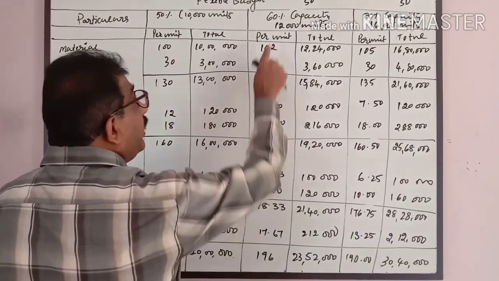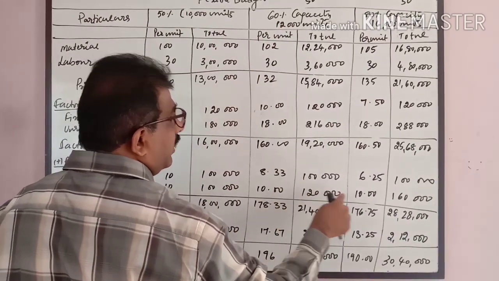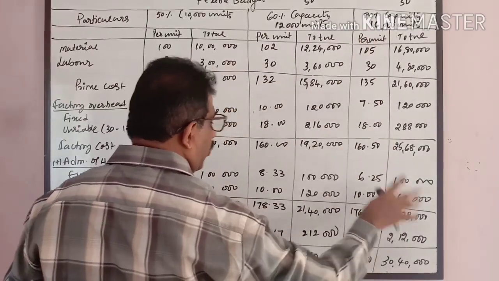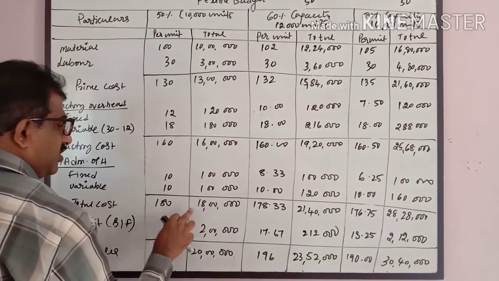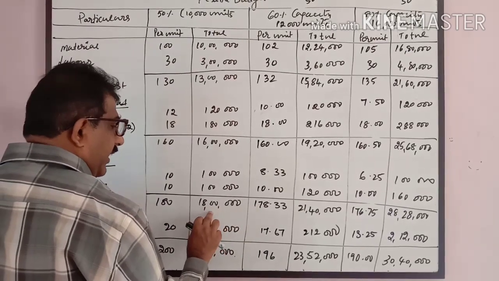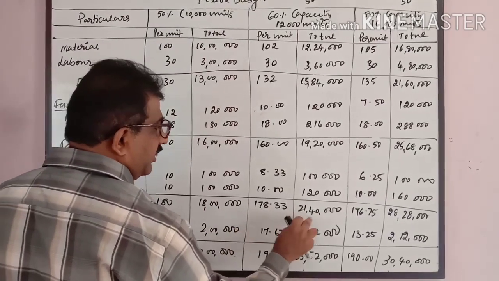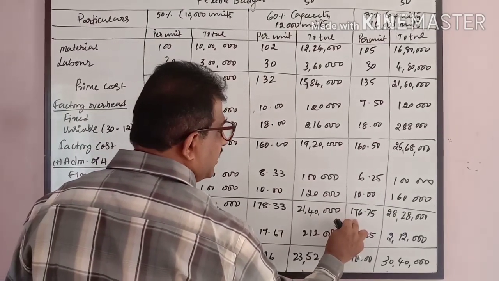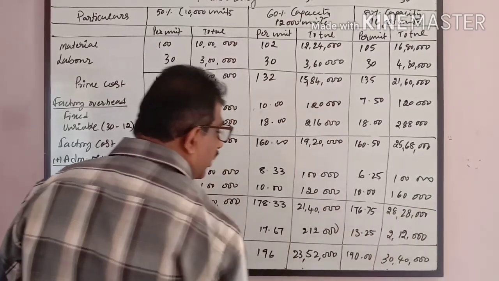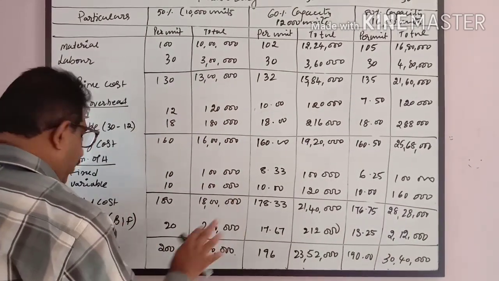Variable 10 into 12,000, 1,20,000. 10 into 16,000, 1,60,000. Total cost 180, here 178.33, 21,40,000, and 176.75, 28,28,000.